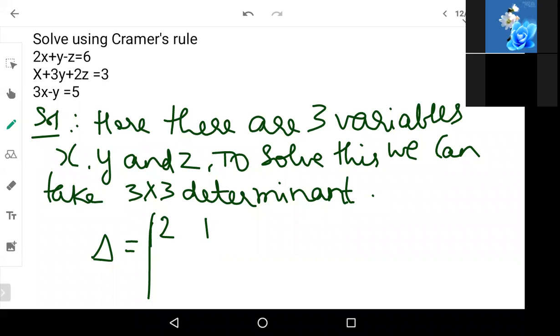And then minus z, that is nothing but minus 1. So 2x plus y minus z is nothing but 2, 1 and minus 1. Did you understand how I am taking the coefficients? Yes?